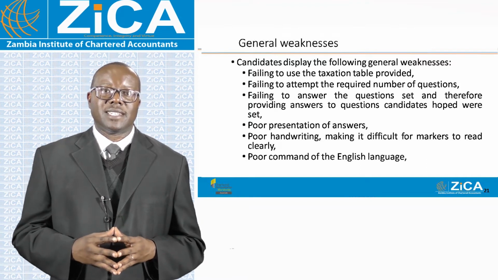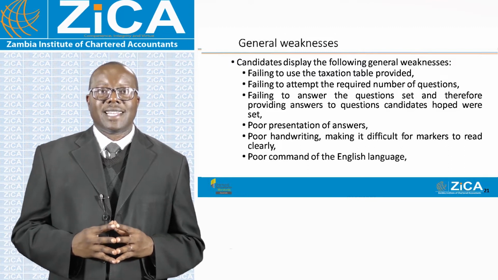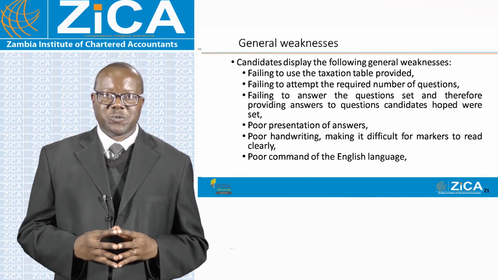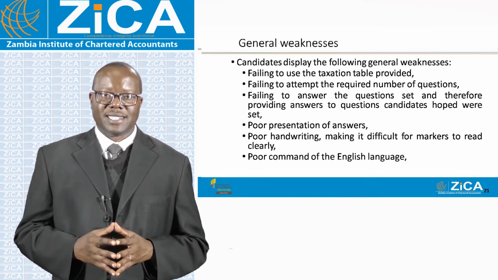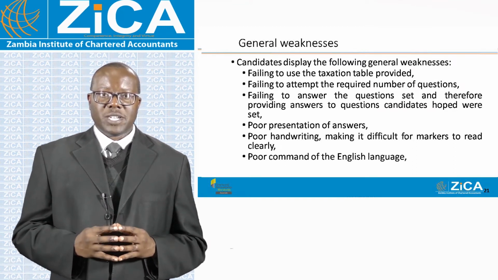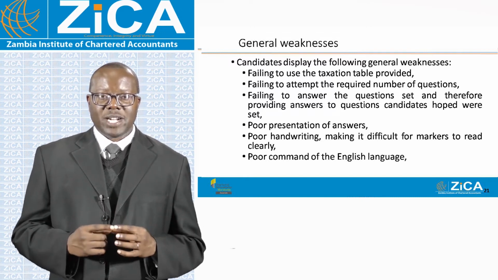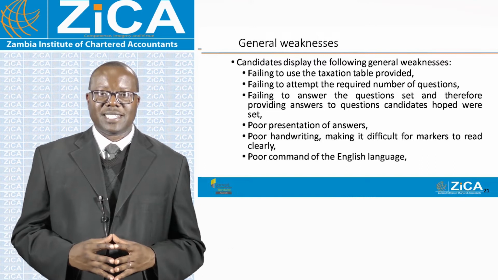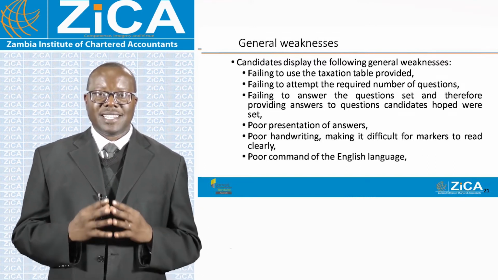The third weakness is failing to answer the question set, and therefore providing answers to questions which the candidates expected were set. Questions will specifically require particular computations or particular explanations or discussions.